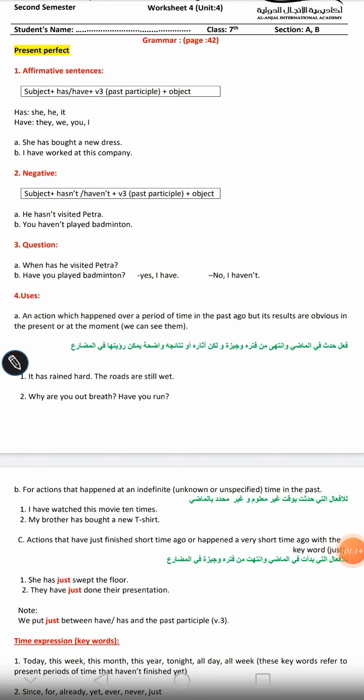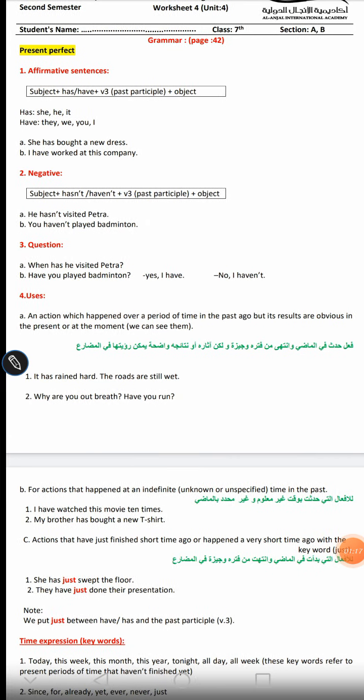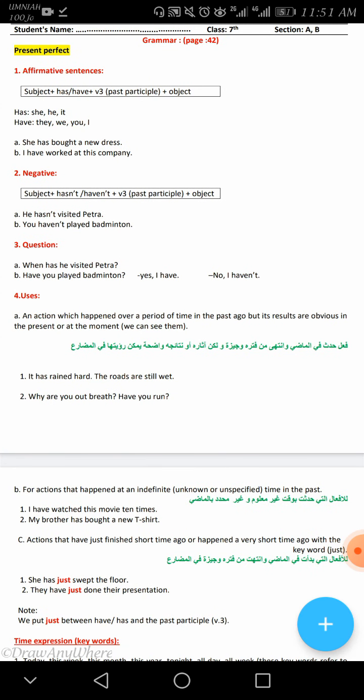Before I start our grammar, present perfect, you have to know that if you want to study any tense, you have to study what? When we are studying any tense, we have to study: number 1, the affirmative sentence; number 2, the negative sentence, which means how to use not in a sentence; 3, questions of all kinds, WH questions and yes/no questions; 4, uses, why I use this tense.